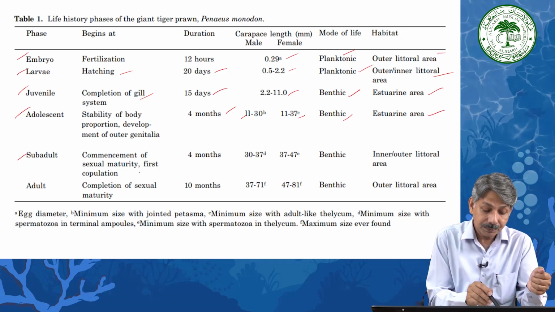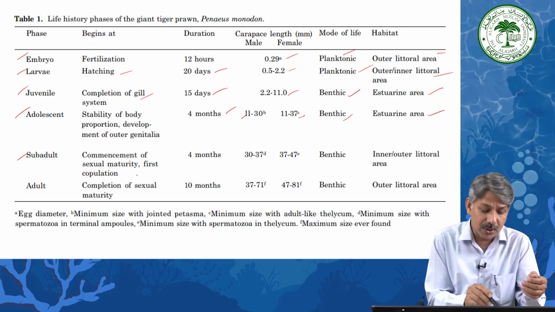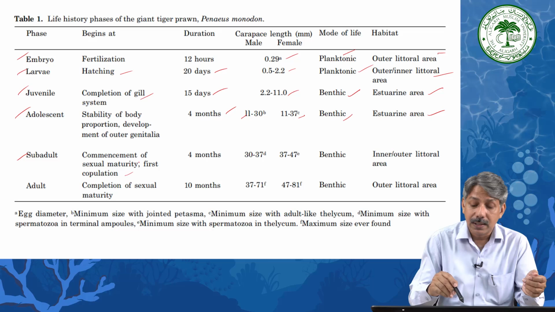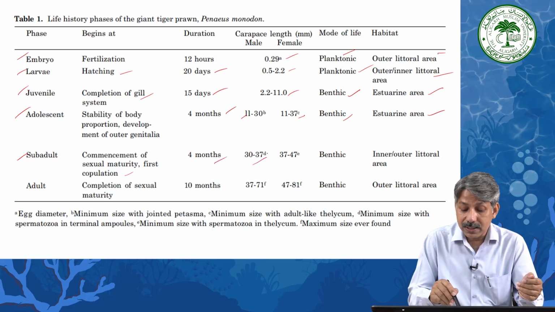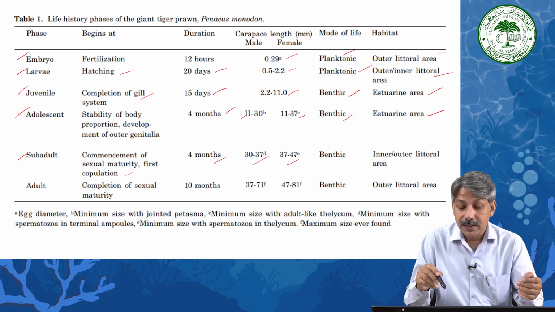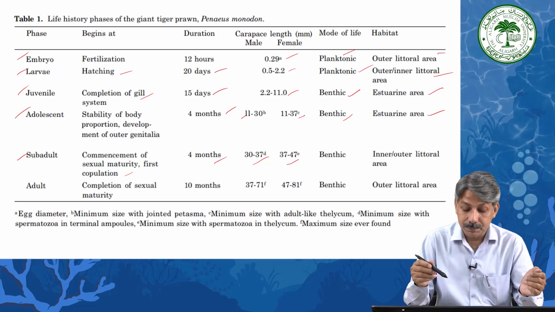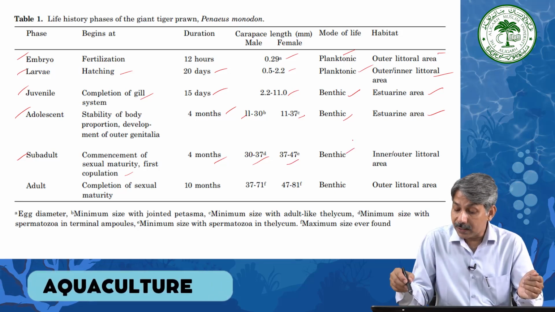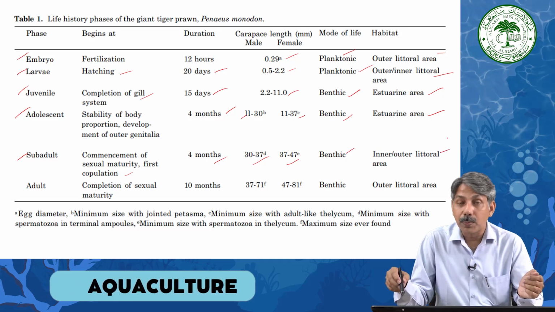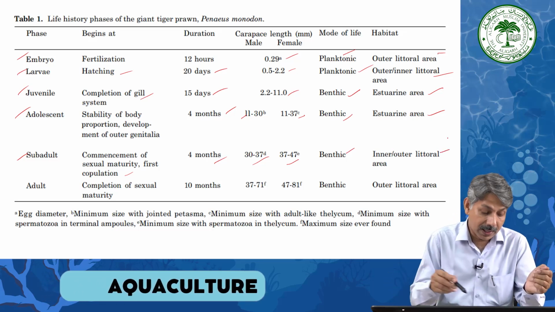Subadult stages, it commences here, commencement of sexual maturity and first copulation in the subadult stage, 4 months. 30 to 37 in case of males, carapace length, 37 to 47 carapace length in case of females, and they are also benthic and occupy the inner and outer littoral area.